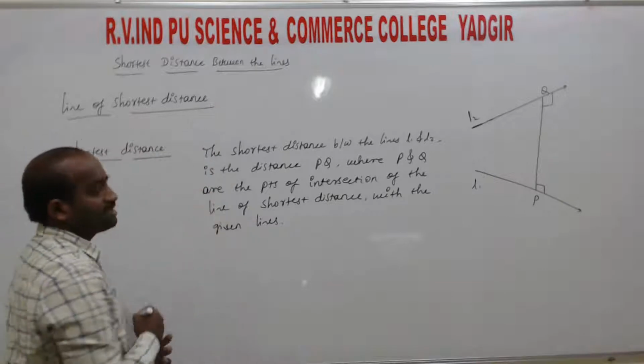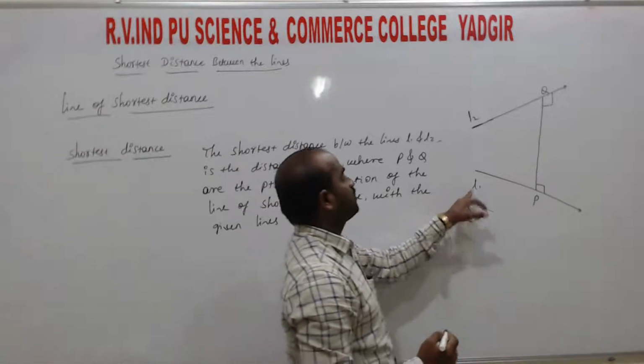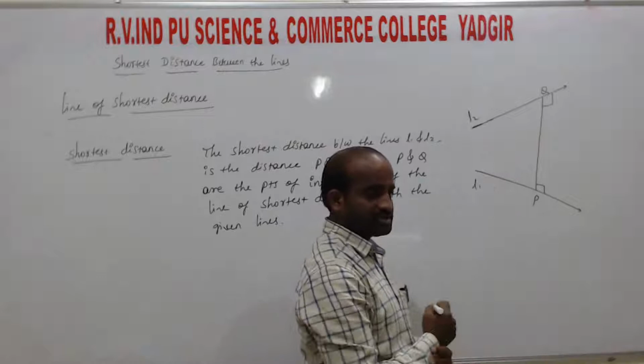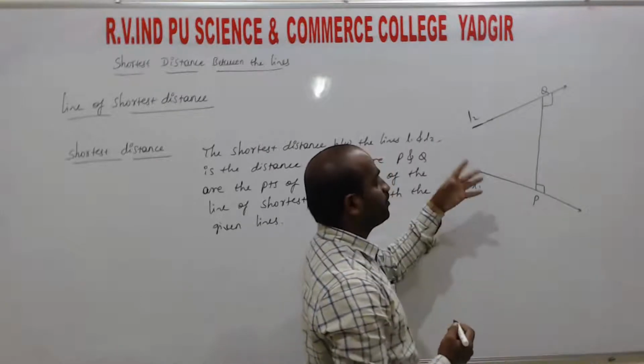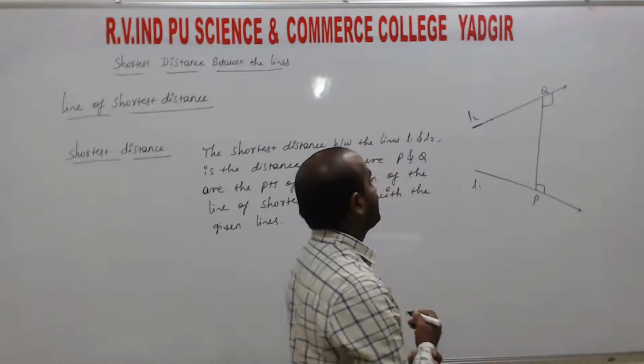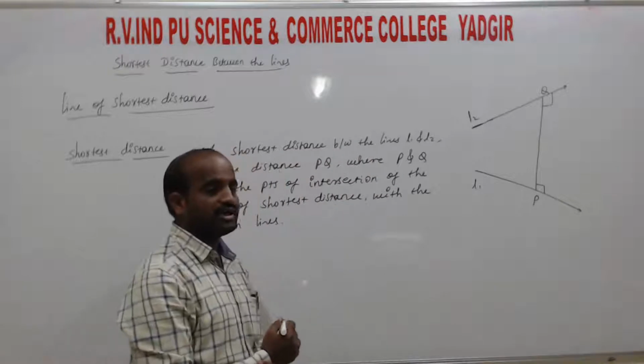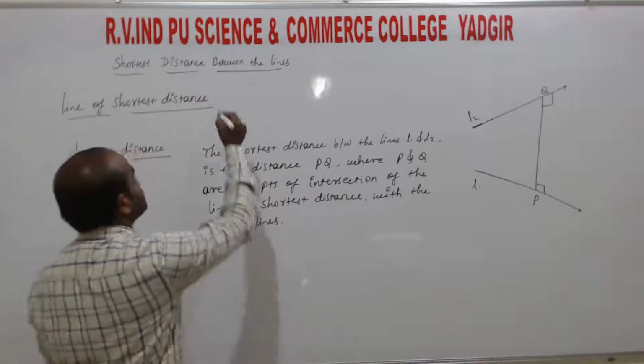If L1 and L2 are two skew lines, then there is one and only one line perpendicular to each of the lines L1 and L2, which is known as the line of shortest distance.